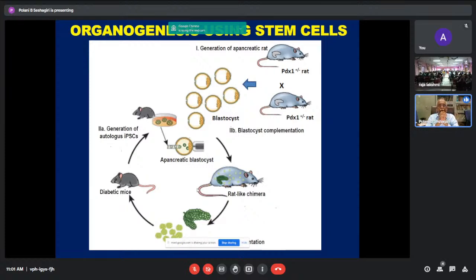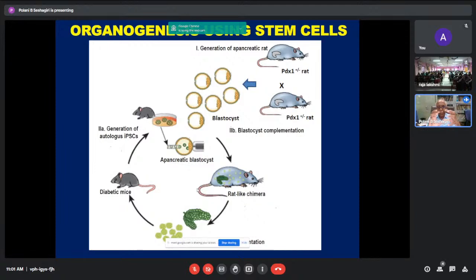The offspring born out of that will have a rat pancreas produced by the mouse. Let me put it the other way. You will be able to produce a rat capable of producing insulin out of this hybrid approach.